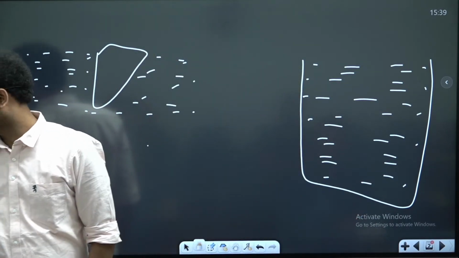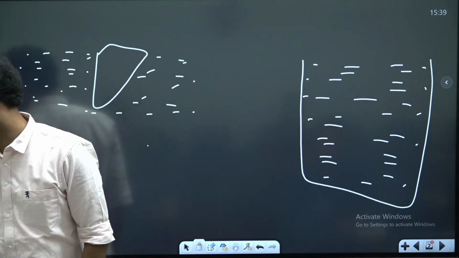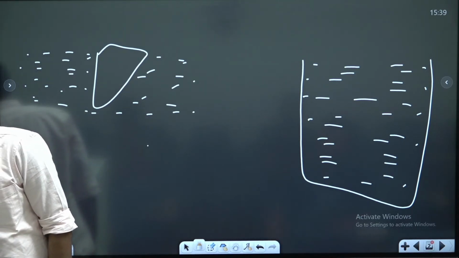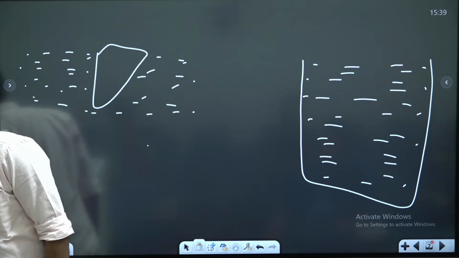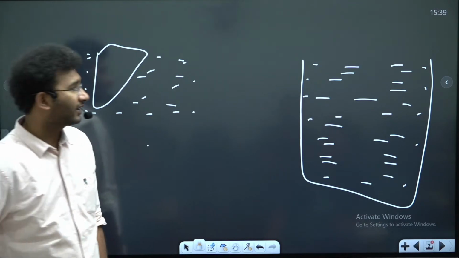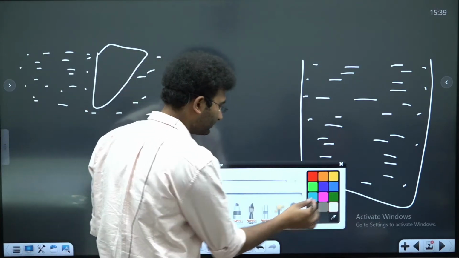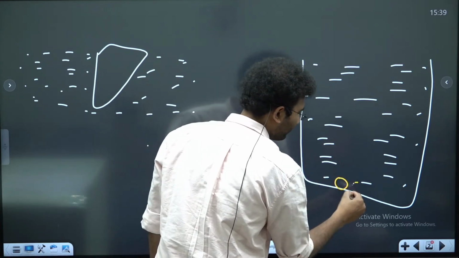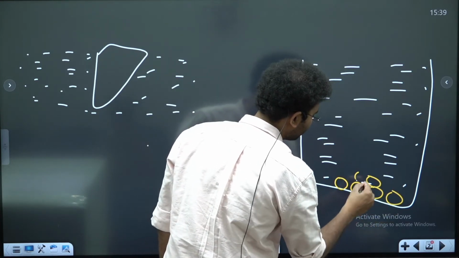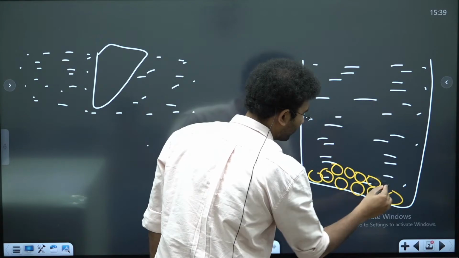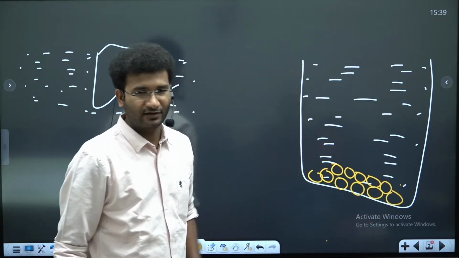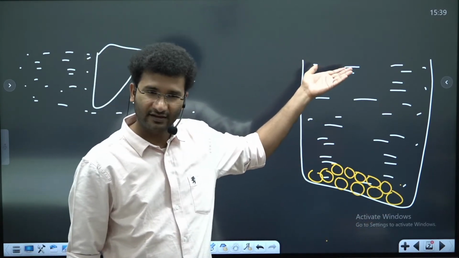If I have this as an ocean, and then I put some stones into this, what happens? Level of water rises, ठीक है.